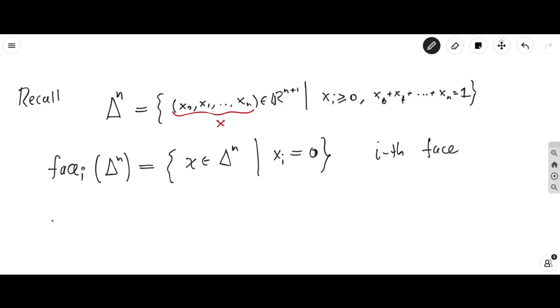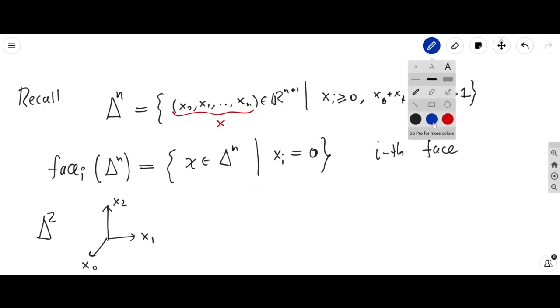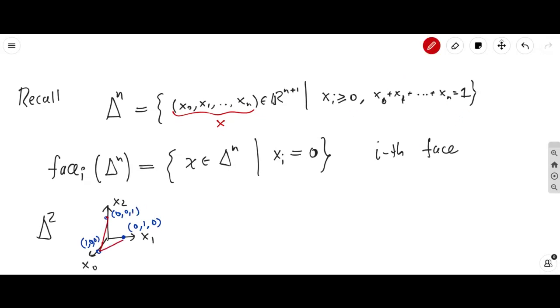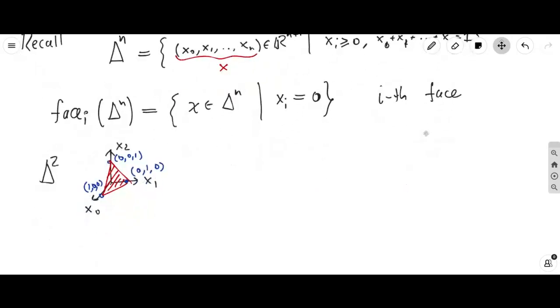So for instance, let's look at delta 2. This is the way delta 2 would look. You have the x0 axis, x1 axis, x2 axis, and then you're going to go 1, 0, 0, 0, 1, 0, 0, 0, 1, and those vertices determine a solid triangle, which is what we call delta 2.